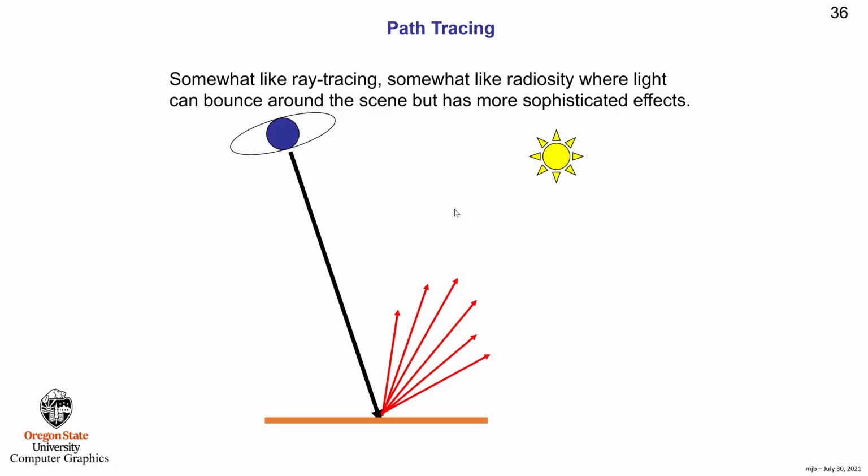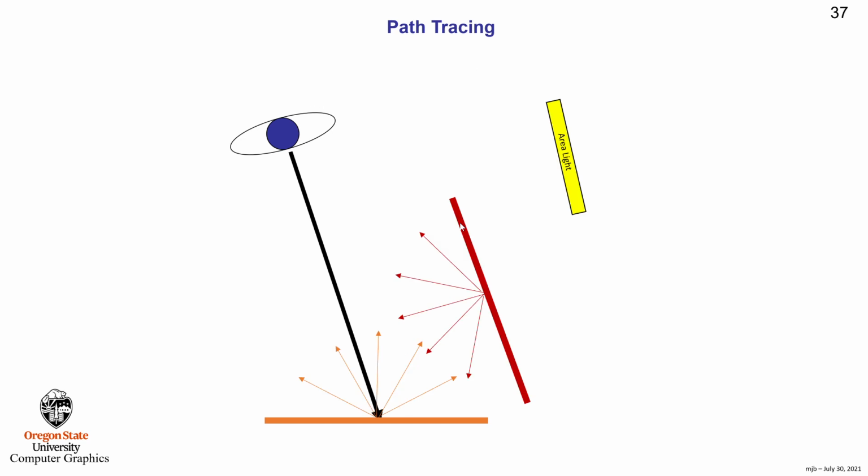Well, if we just do that, so what? But if there are other objects in the scene, now this gets more interesting. That is, if we think of light coming from the eye, we get a BRDF off the surface. Some parts of that envelope hit another surface, and rays come off of that.